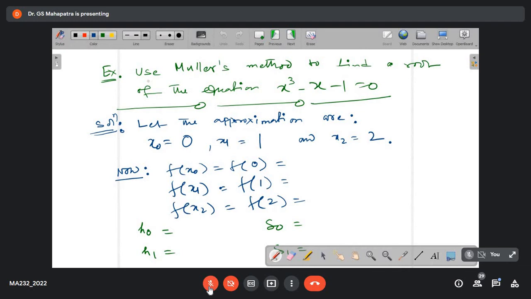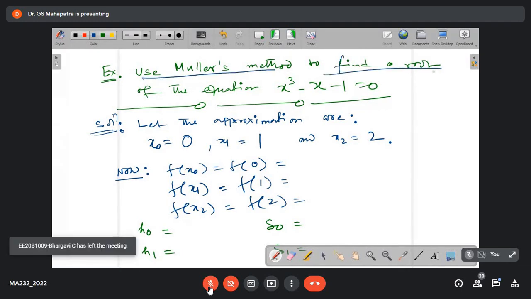Now use Muller method to find a root of the equation x cube minus x minus 1 equals 0. Fine. It is given that 0, 1, 2 are the initial approximations. Or else you can check the possible root, if it is say 2 or 3.